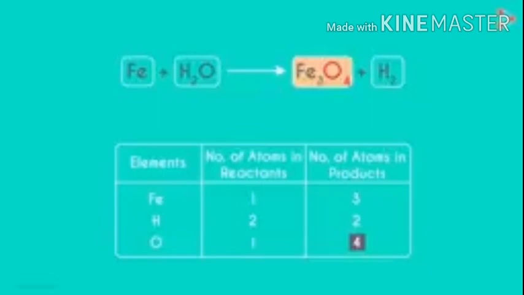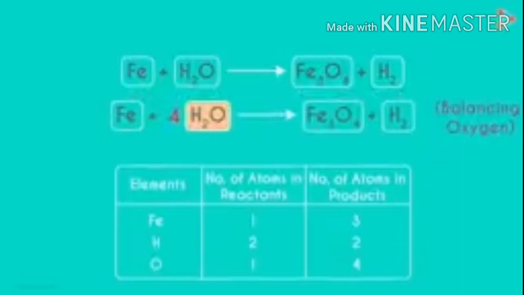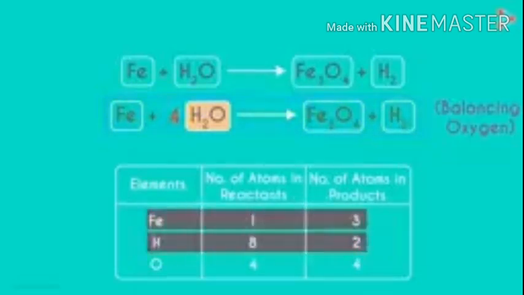What should we do now? To balance the oxygen atom, or to equalize, remember we cannot alter the formula of the compound or elements involved in the reaction. For example, to balance the oxygen atom, we can put coefficient 4 as 4H2O. Now the partly balanced equation is Fe plus 4H2O gives Fe3O4 plus H2.